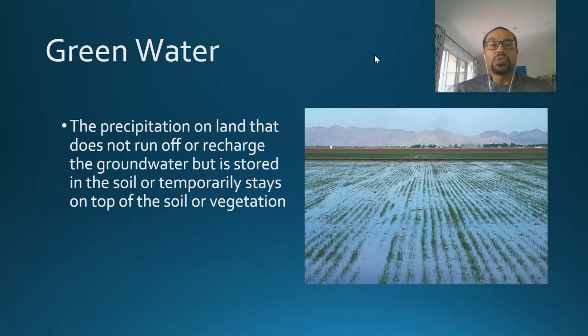Green water. I guess it hasn't rained in a day or two. I just looked outside. No standing water in my backyard, but that's water that, when it rains and when it rains enough, you get a buildup, a saturation of the soil, so that the pores that exist in the soil and eventually in the rock below, as you remember from last week, when it rains, it will infiltrate.